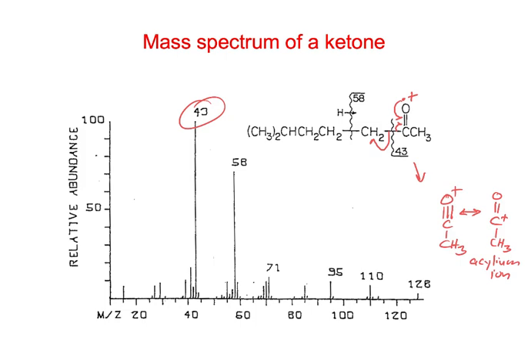We could do it to the other side. We'd lose methyl, but we don't really see that here. From 128, it would be one of those teeny ones. So we don't see much of that. What about this ion here? Oh, it's an alpha cleavage, right?